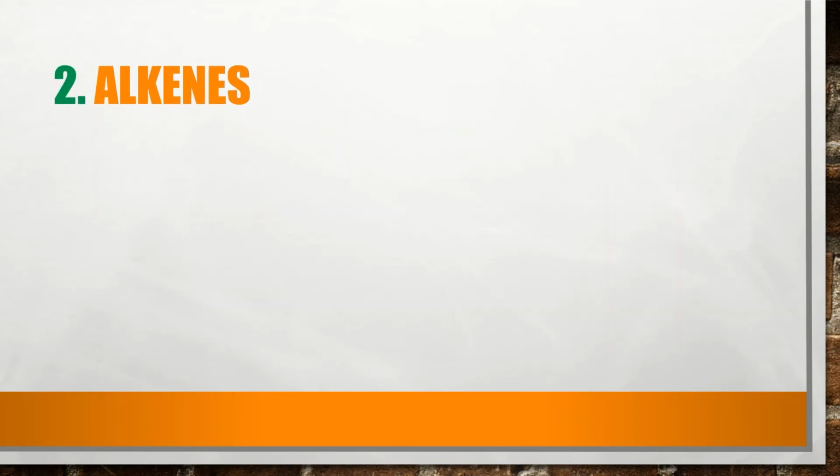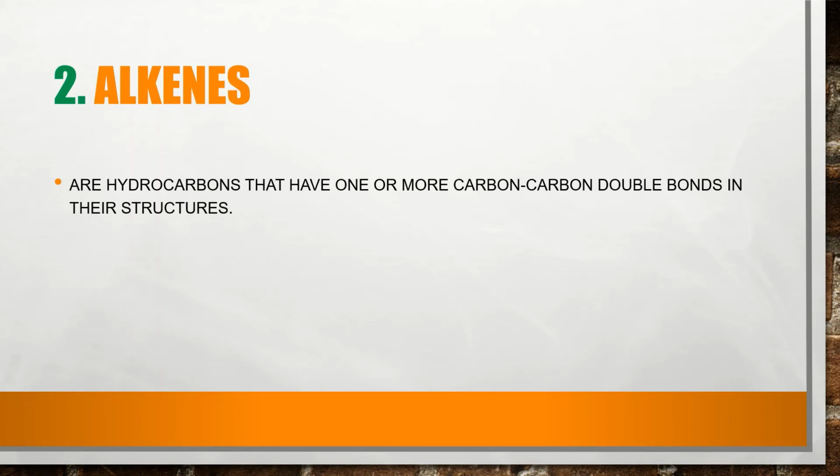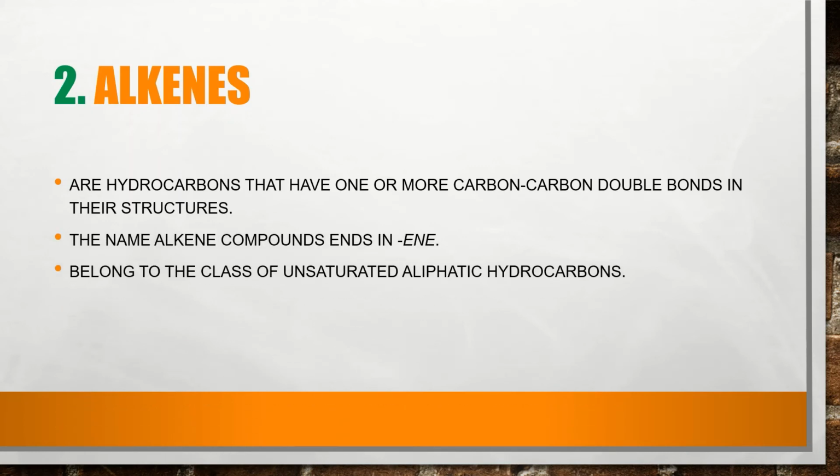And now, let's go to alkenes. Alkenes are hydrocarbons that have one or more carbon-carbon double bonds in their structures. The name of alkene compounds ends in "-ene". Alkenes belong to the class of unsaturated aliphatic hydrocarbons. The general formula of alkenes is CnH2n, where n is the number of carbons in the structure.